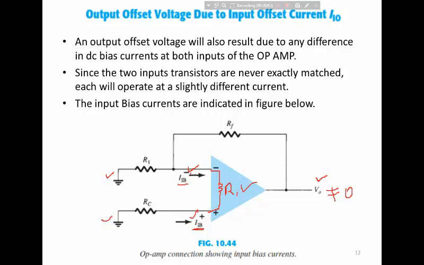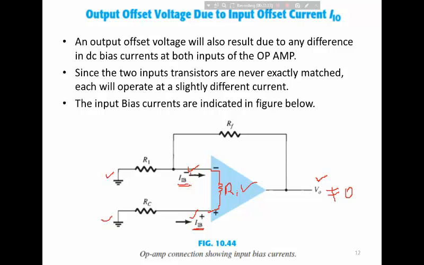So this input current of our differential input stage is always non-zero, and these two input currents are slightly different because the transistors you are using in a differential pair are not identical.